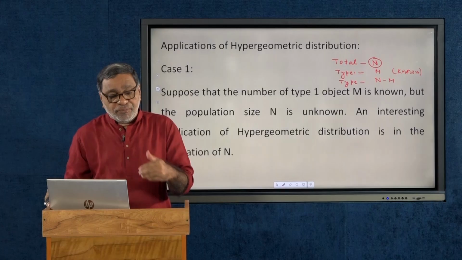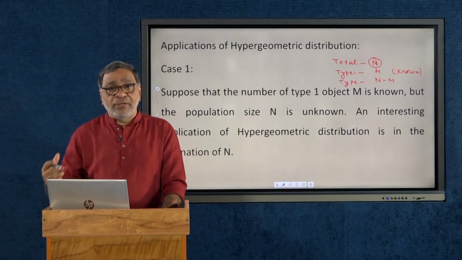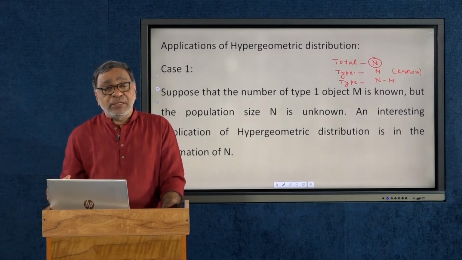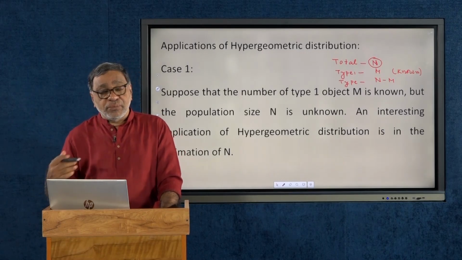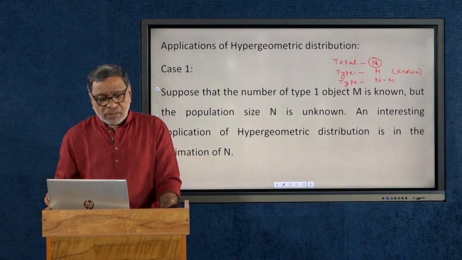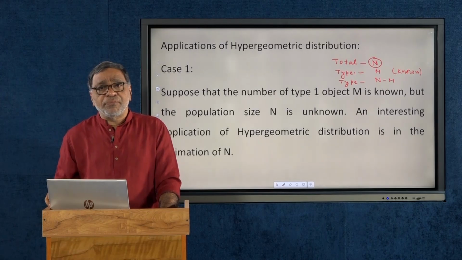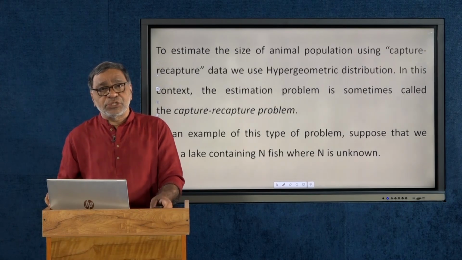This type of problem usually arises in estimating animals in a forest or fish in a lake, in some biological problems. So, how do you use the hypergeometric distribution?